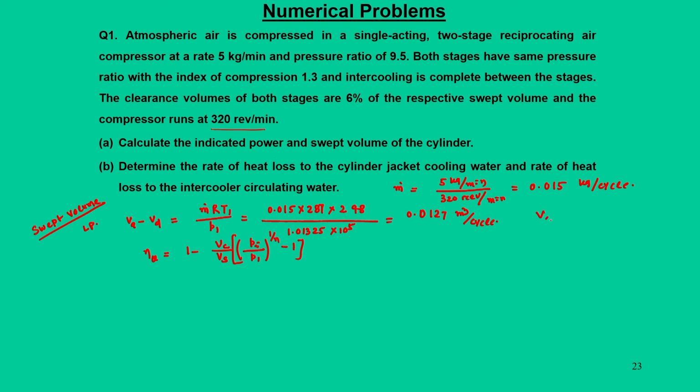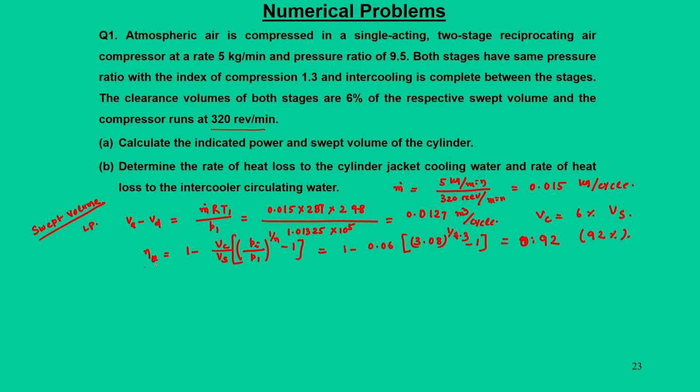Here Vc is 6% of Vs. So, we get 1 minus 0.06 into (3.08 to the power 1 by 1.3 minus 1), that is 0.92, or volumetric efficiency is now 92%.